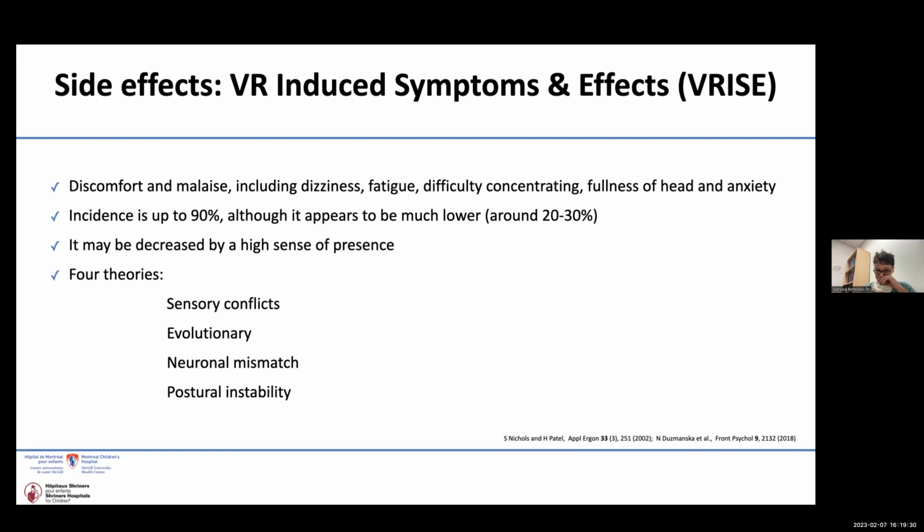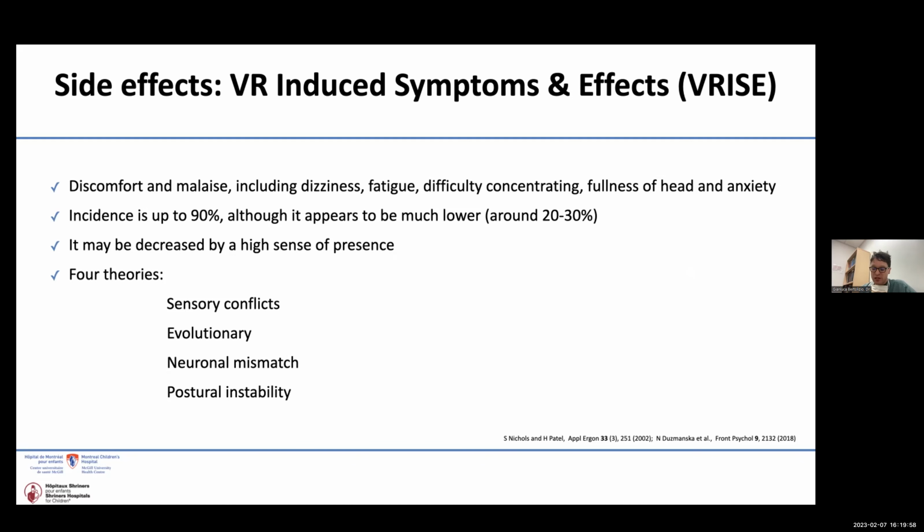The other theory is the evolutionary one, which means that it's like when you drive a car more than a plane, and you have motion sickness. We haven't evolved well enough or fast enough to be able to live in a different speed, or in a virtual world. We need more time to adapt to it.